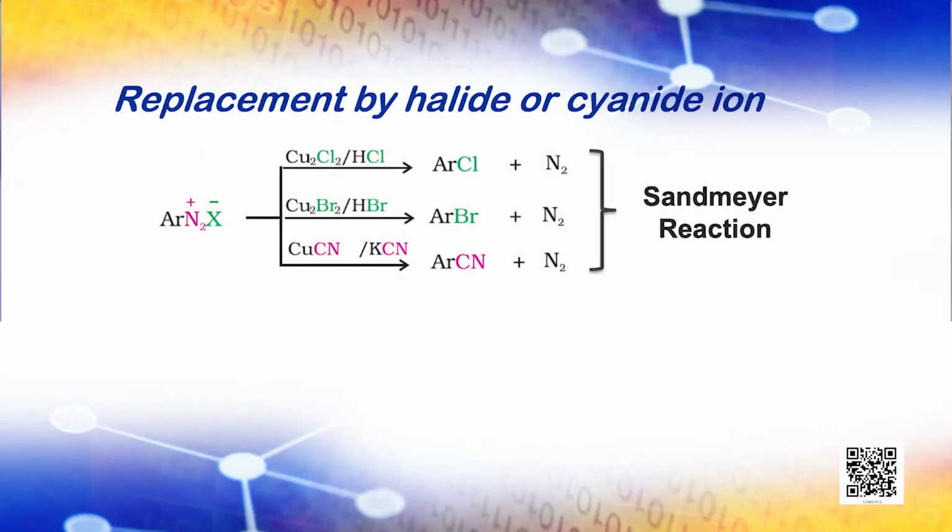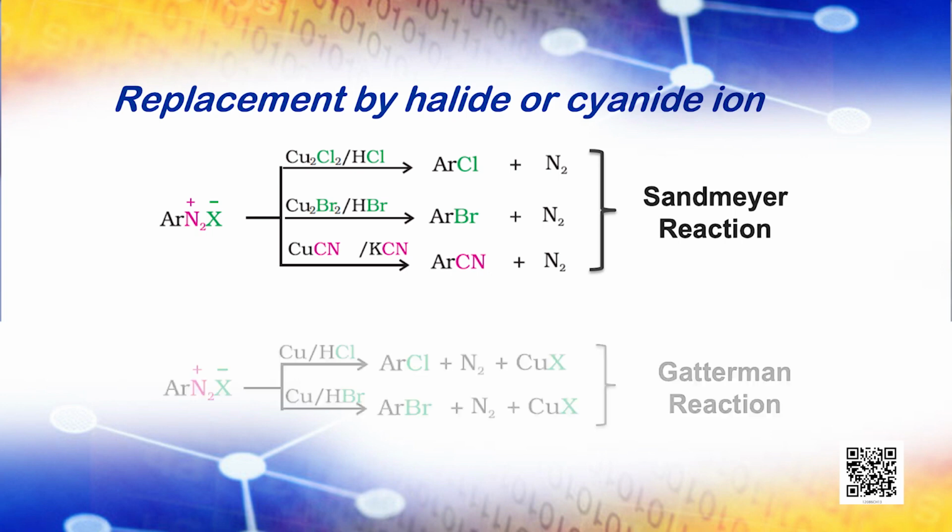Replacement by halide or cyanide ion. The chloride, bromide and cyanide nucleophiles can easily be introduced in the benzene ring in the presence of Cu(I) salts. This reaction is called Sandmeyer reaction.